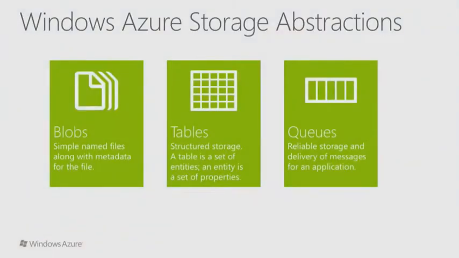So let's take a step back. What types of storage are available to me in Azure? Well, there's blobs, there's tables, and there's queues, right? Blob is, again, analogous to storing a file out on a file system. We've all done this. Tables are analogous to a relational database, but we're going to talk about some asterisks and footnotes to that.